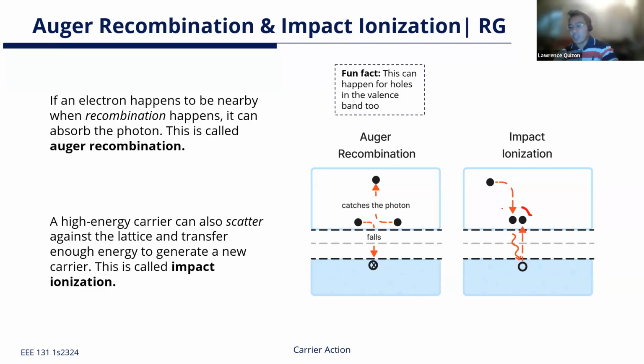So the ending is they're now both just barely in the conduction band, but they're both still in the conduction band, no? And we call this impact ionization because it's like the very high velocity electron high in the conduction band hit that electron so hard that it popped it out of the valence band, no? So that's impact ionization and Auger recombination, no?